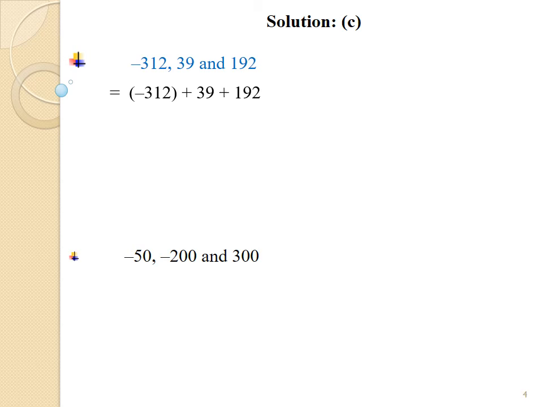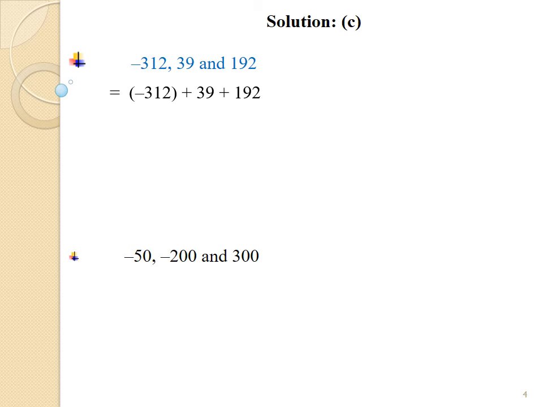Students, in this sum, there are two positive integers and one negative integer. So, the negative integer will remain unpaired. That is, we don't have to make a pair of the negative integer.